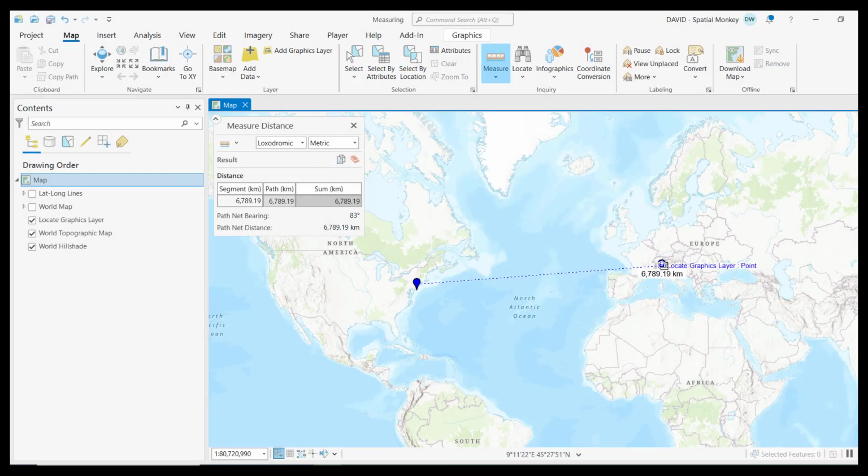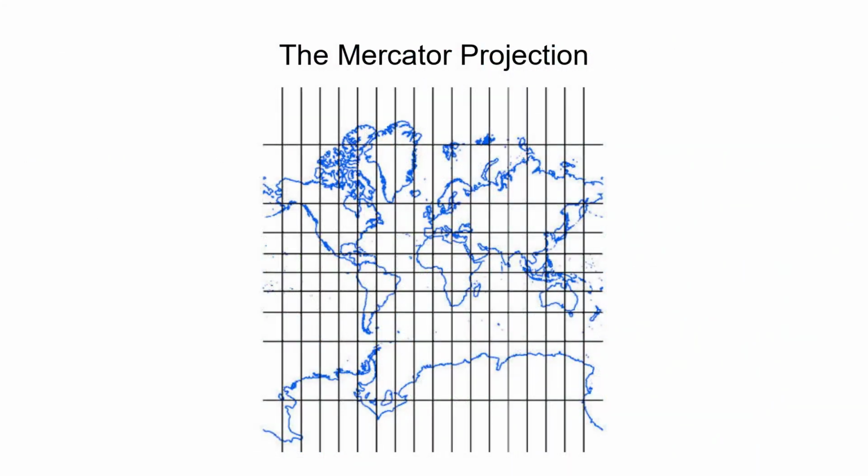That is because this projection is a derivative of the Mercator projection. If we look at the historical context, the Mercator projection was specifically designed to address the challenges faced by navigators of the era. As a result, straight lines drawn on the Mercator map represent constant compass bearings on the Earth's surface.